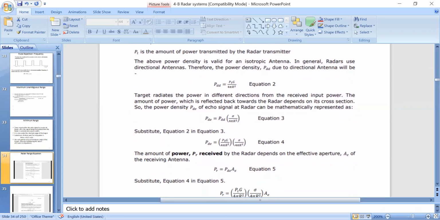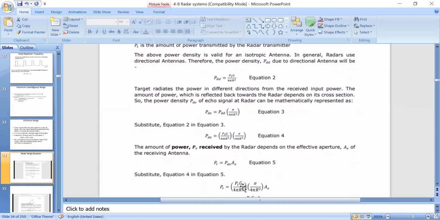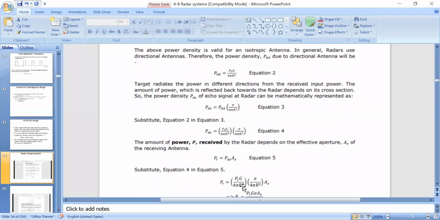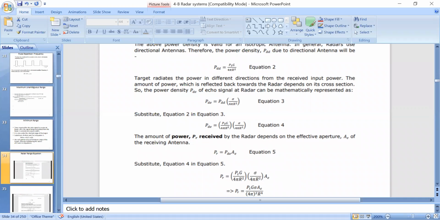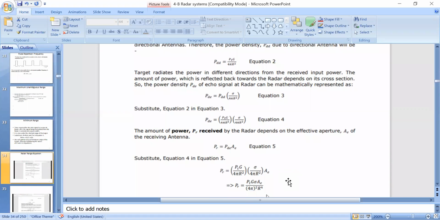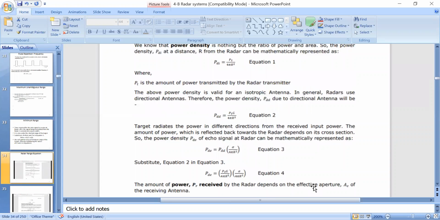PR equals PDE into AE, which is PTG by 4 pi R square into sigma by 4 pi R square into AE. So PR becomes PTG sigma AE by 4 pi squared R power 4. This is called equation 6.